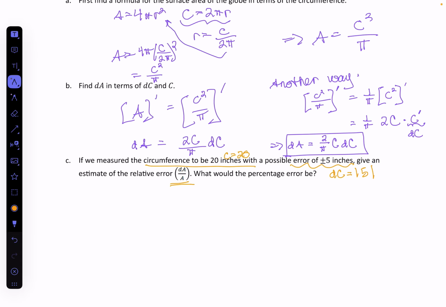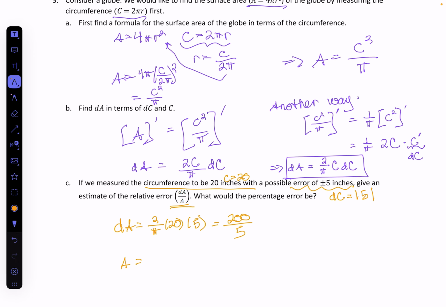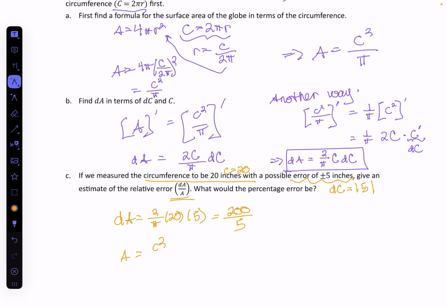Okay, so dA we can find by plugging in our c value into the formula that we got in part B. So 2 over pi times 20 times our dc value, which is going to be 5, and this will give us 200 over pi. But then we also need to find what A is. Now A and c are related by our formula in part A. A is c squared over pi.